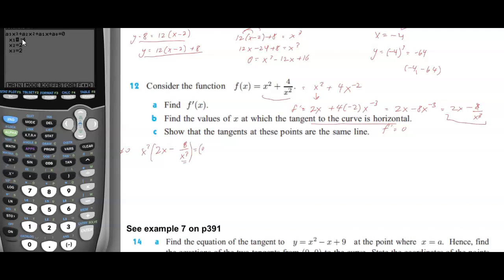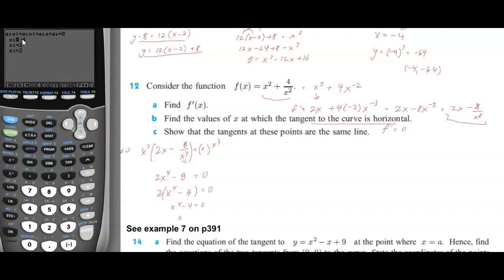Okay, so we change the value of the left and the right side by multiplying both sides by x cubed. By doing this, 2x becomes 2x to the fourth, and then 8 over x cubed just becomes 8, and 0 is still just 0. Now we can solve this by factoring out a 2, and then we'll have x to the fourth minus 4 equals 0.